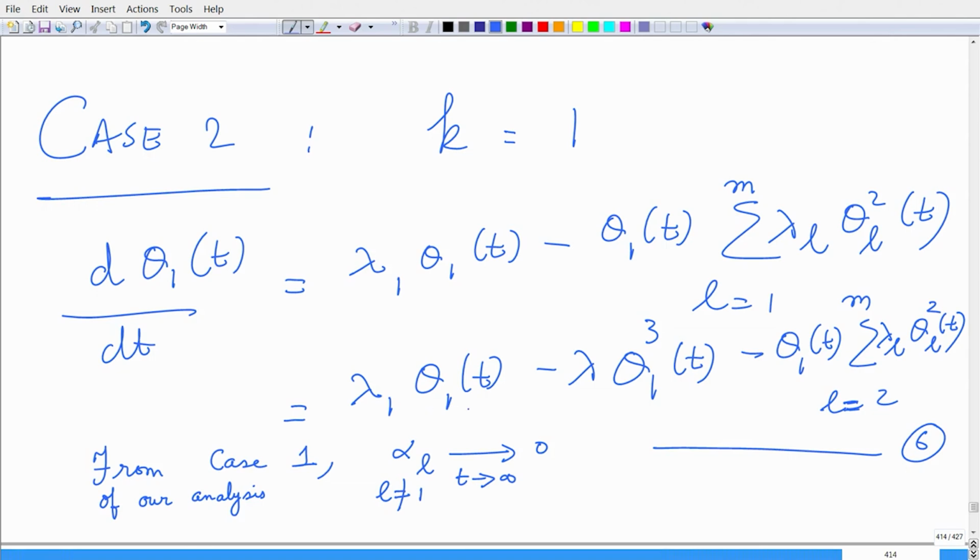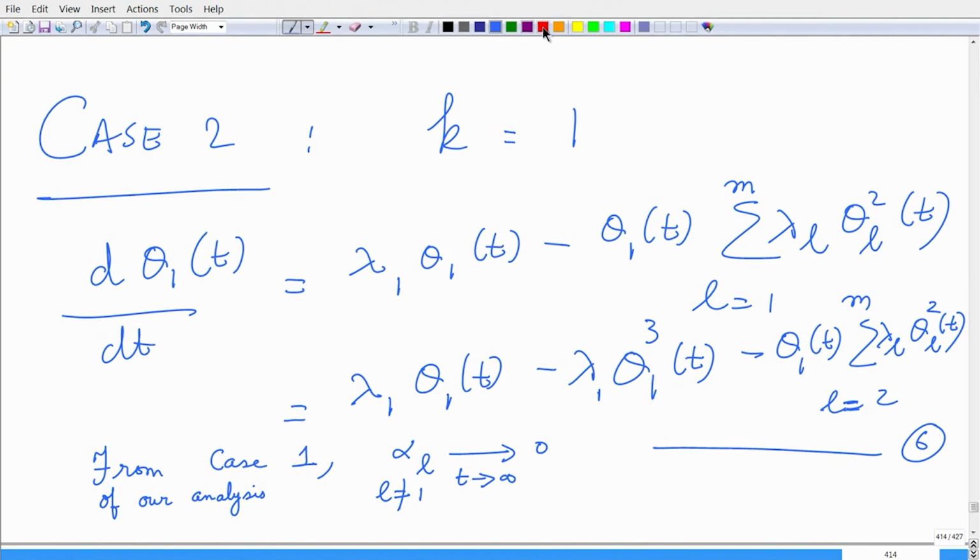I pull out the L = 1 case, which corresponds to θ1, so we have λ1 θ1³(t) minus θ1(t) times the summation over all L not equal to 1, that is L = 2 to m.